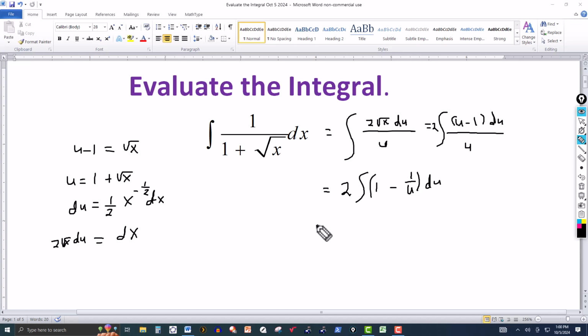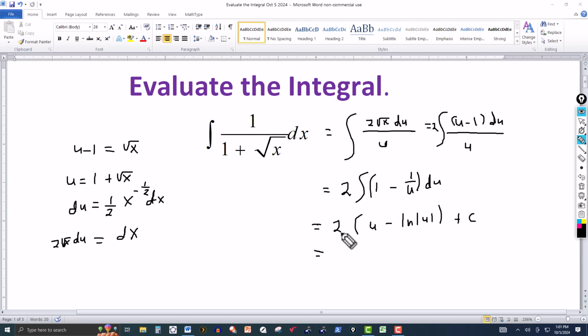And then this is going to equal 2 out in front, and then we just integrate inside. The 1 integrated with respect to u is u. The integral of 1 over u du is just your natural log. So it's the natural log of the absolute value of u, and then plus your constant of integration out here. Then you go back to the original variable.